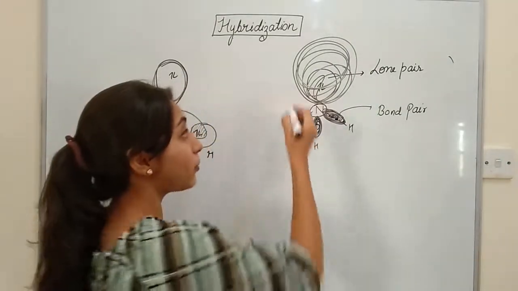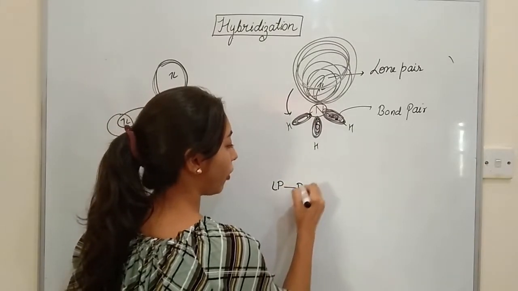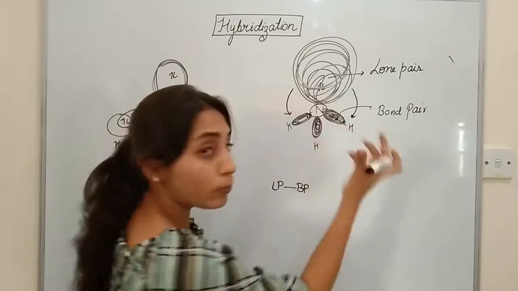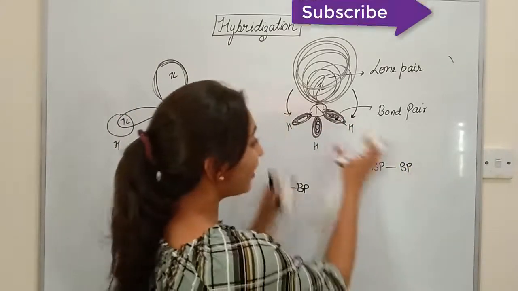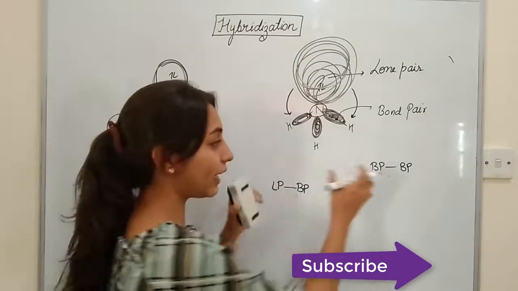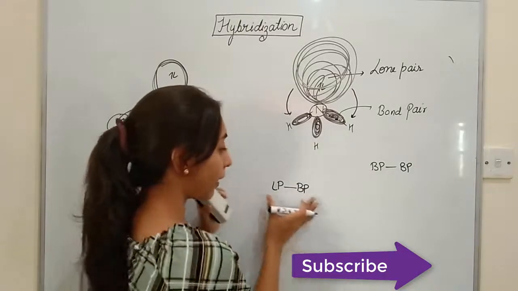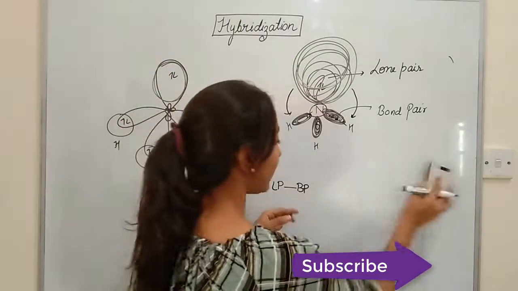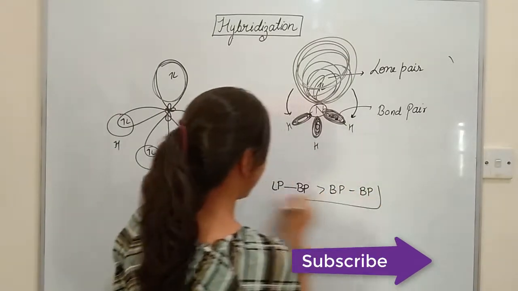When they occupy more and more space, these lone pairs will repel the bond pairs. The lone pairs will repel the bond pairs. Obviously, the bond pairs will also repel each other. But since they are confined in lesser area, the repulsion between bond pairs is less compared to the repulsion between lone pair and bond pair. Right? So can I say lone pair-bond pair repulsion is greater than bond pair-bond pair repulsion?